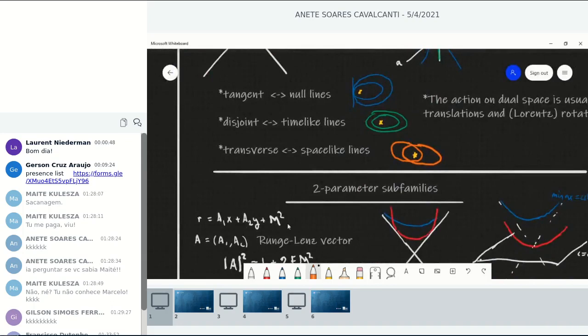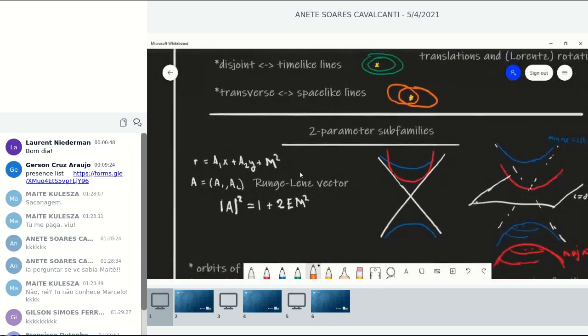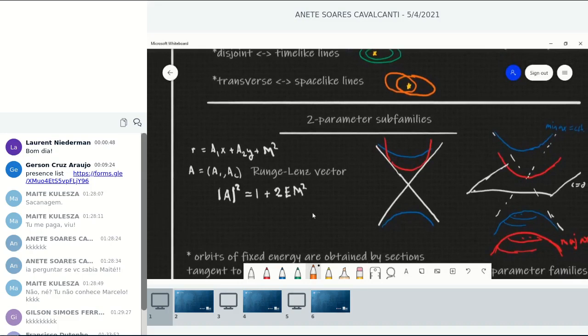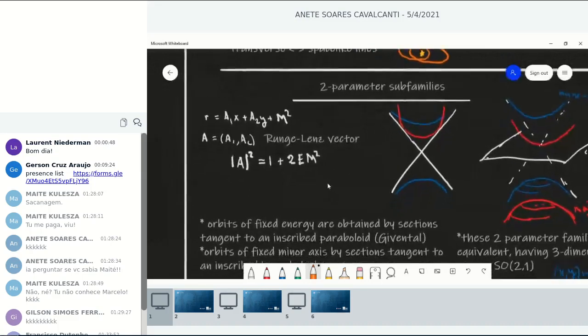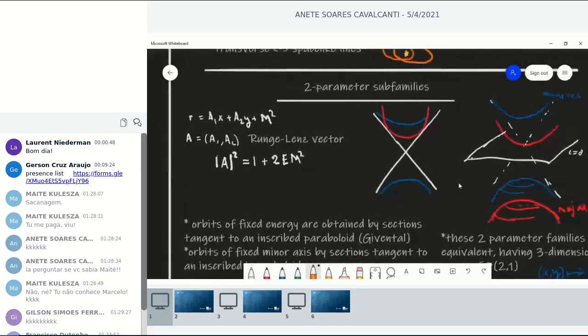It's just a division by m squared, because the way we write it out here for the projective duality is ax plus by plus cr, where r is replaced by z. So with some simple algebra, you can write out the surfaces corresponding to some two-parameter subfamilies.